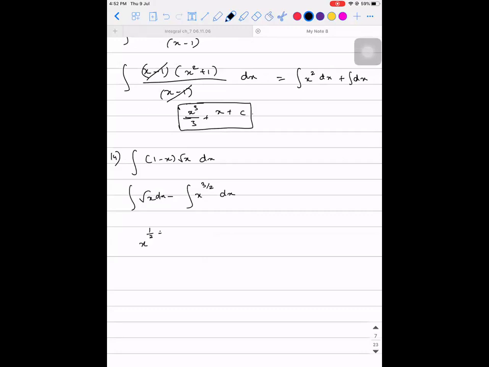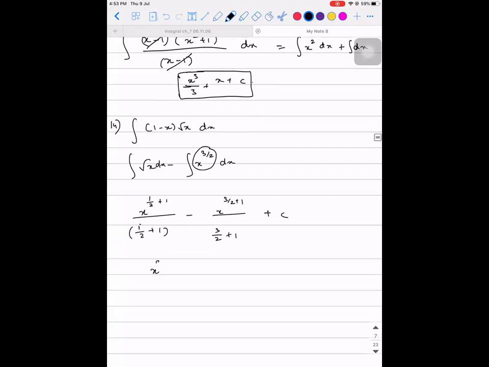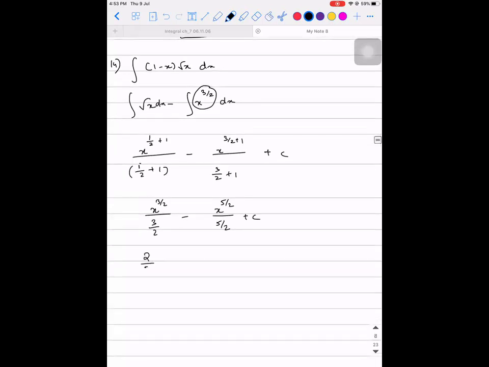So n is half, plus 1, divided by half plus 1, minus integral of x power 3 by 2, x power 3 by 2 plus 1, the whole divided by 3 by 2 plus 1, so plus c. So this will be x power 3 by 2 divided by 3 by 2 minus x power 5 by 2 divided by 5 by 2 plus c. So this will be 2 by 3 times x power 3 by 2 minus 5 by 2 times x power 5 by 2 plus c.